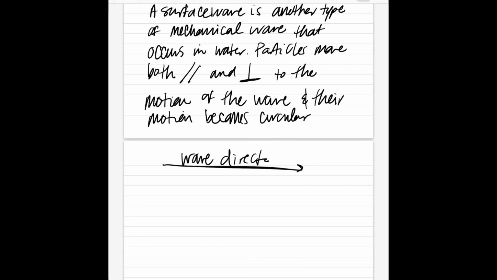Okay, last thing we're going to talk about is surface waves a little bit more, and then we will be done. So ocean waves are a type of surface wave created by wind.